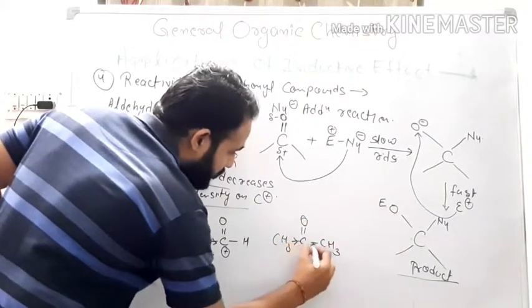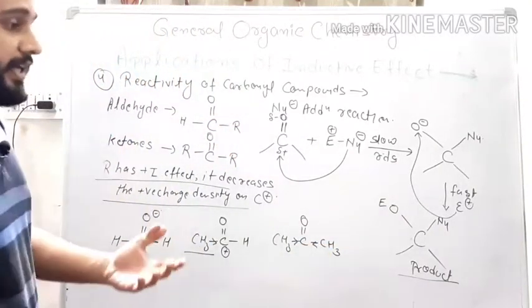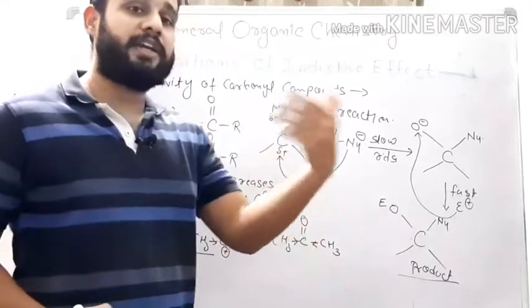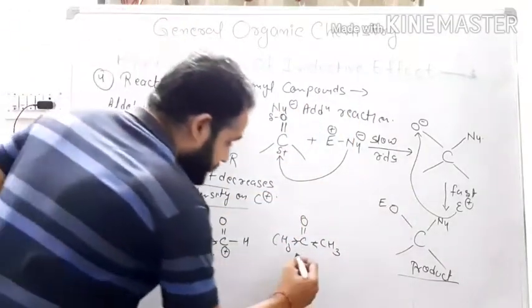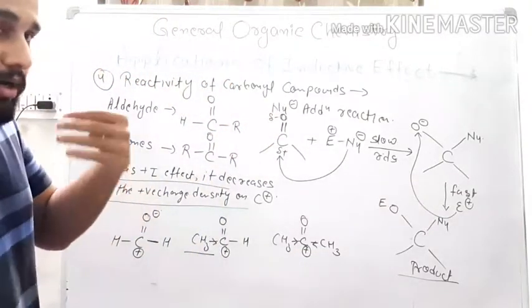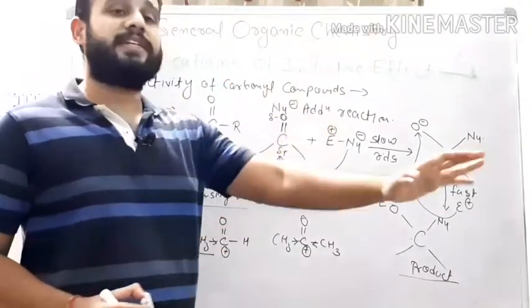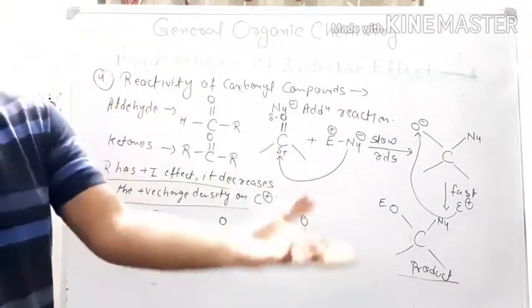Here two plus I effects will highly reduce the positive charge density on this carbonyl carbon. So it will show less reactivity for nucleophilic addition reaction than acetaldehyde or formaldehyde.